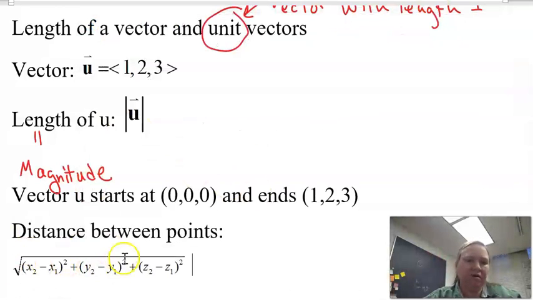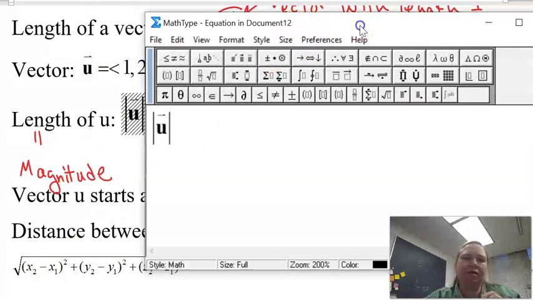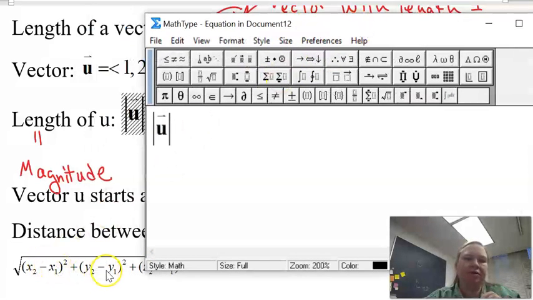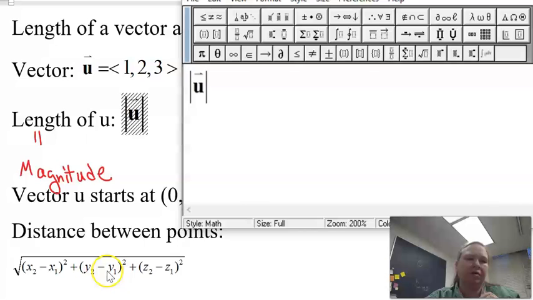So there's our distance formula. And how am I going to apply that distance formula to this vector u? Well, I'm going to use that same thing, but one of my 2 points is going to be 0, 0, 0. So I've just got zeros for the x1 and the y1 and the z1. And so I'm going to have this square root that just has each of those components.